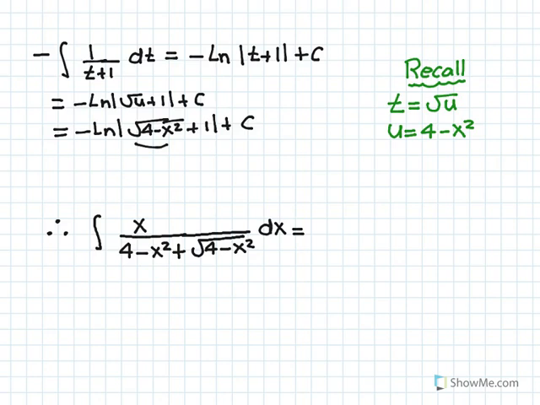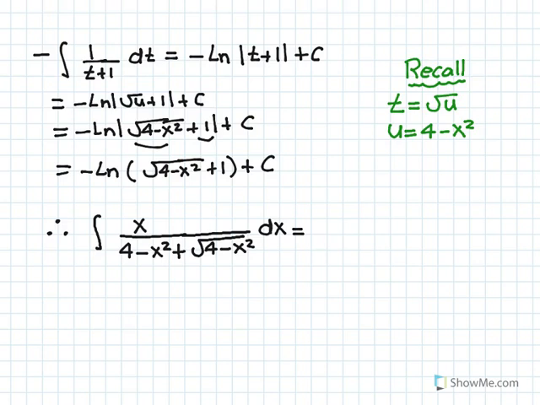And since everything is positive, root of 4 minus x squared is a positive number, and plus 1 is a positive number, we don't really need the absolute value. In fact, we don't need it, so we will just write minus log of root 4 minus x squared, plus 1, plus c.